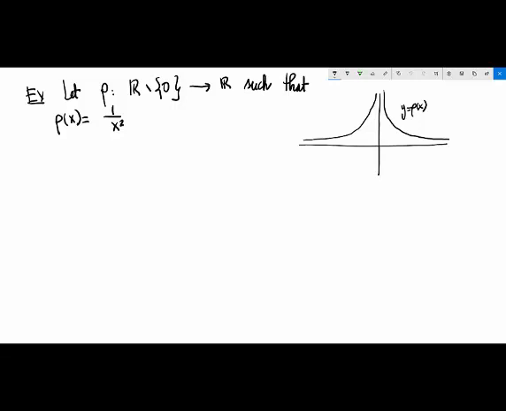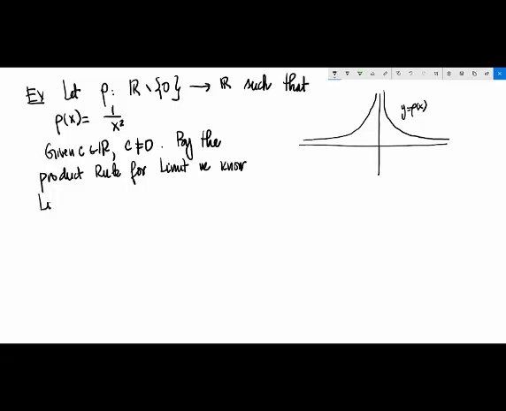So let rho be a function between R take away 0 and R such that rho of x is equal to 1 over x squared. Given c in R, c is not 0, by the product rule for limits, we know that the limit of x squared when x is approaching c will be c squared.